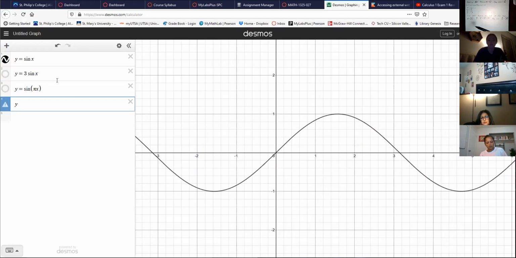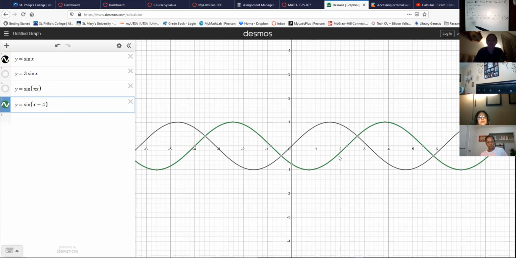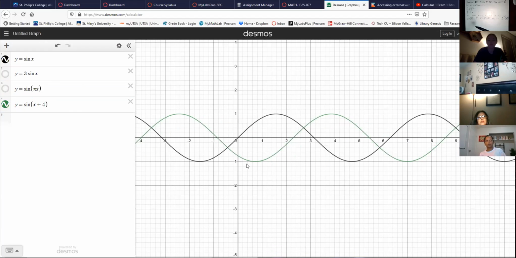Now, what does that plus 4 inside do? Let's see. Oops, my fat fingers. There we go. So the plus 4 shifted the graph. You see how it originally started here, and now it's starting over here?